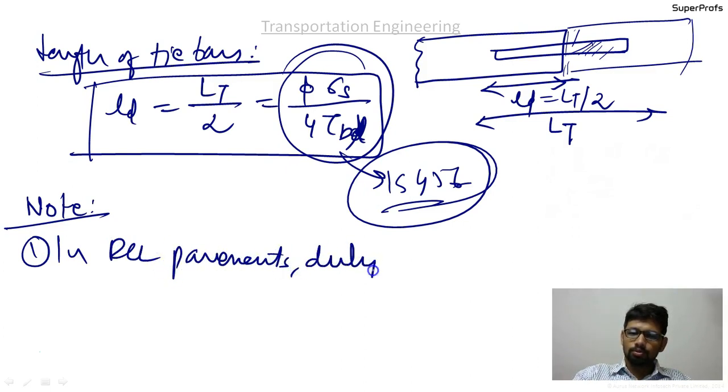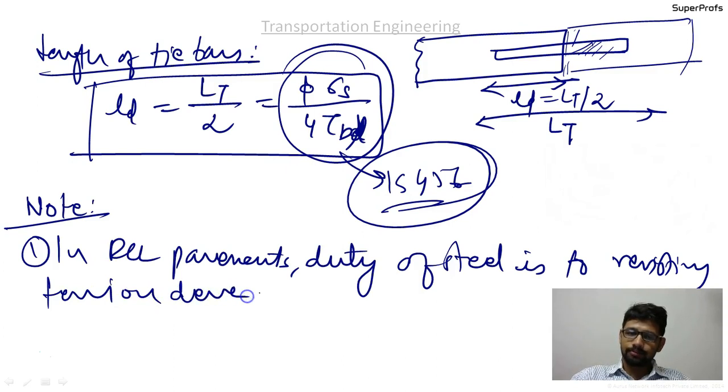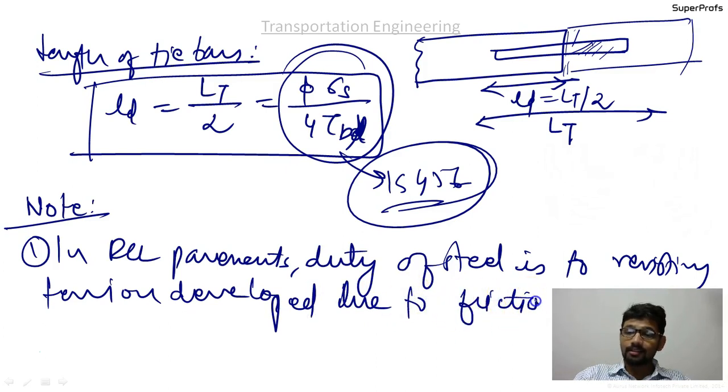the duty of steel is to resist the tension developed due to friction, that is the tension developed because of the secondary stresses due to temperature. Friction or secondary stresses due to temperature are one and the same thing.